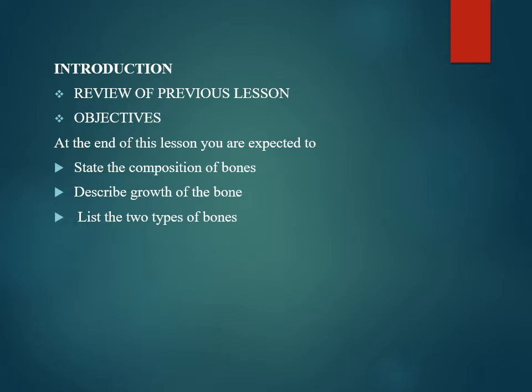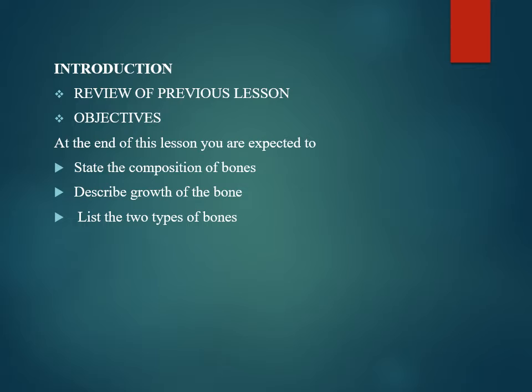And we mentioned that the cartilage is a soft, less rigid, and elastic form of connective tissue. We said it is made up of a special group of cells called chondroblasts. We did indicate that there are three types of cartilage.